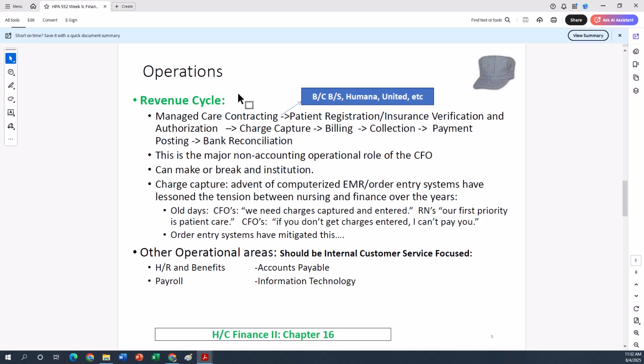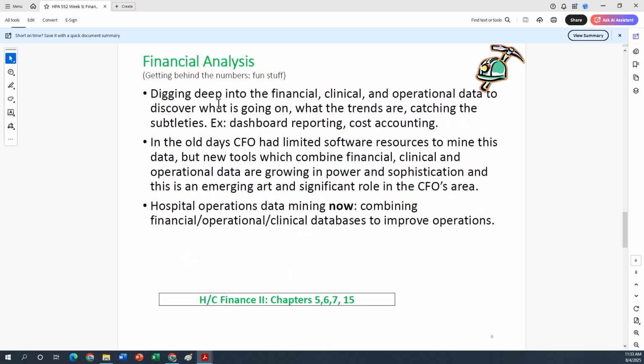Payroll should be under the CFO, and HR and benefits sometimes are with the CFO, sometimes the COO, probably more COO now than it used to be. But you really should have segregation between HR and payroll. Those are the major operational issues.